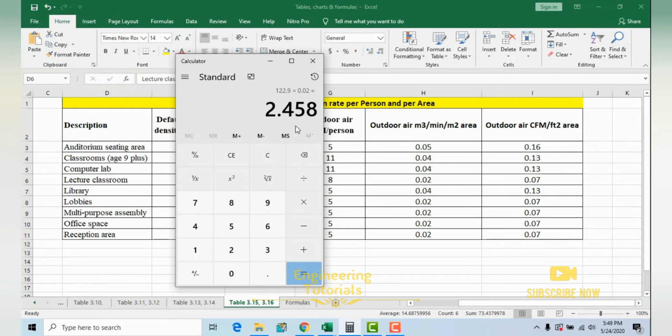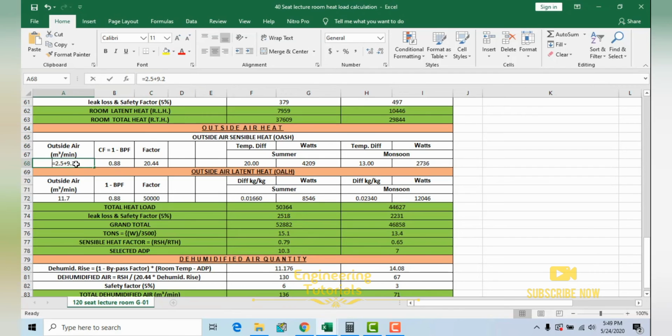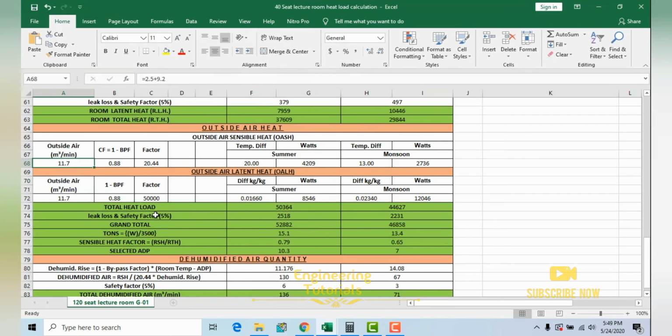This is due to the area, 2.5 cubic meter, so 2.5 plus 9.2 gives a total of 11.7 cubic meter per minute. This is for the sensible heat load calculation due to the outside air.